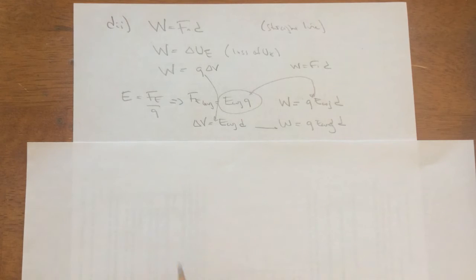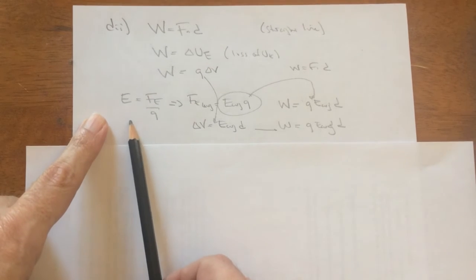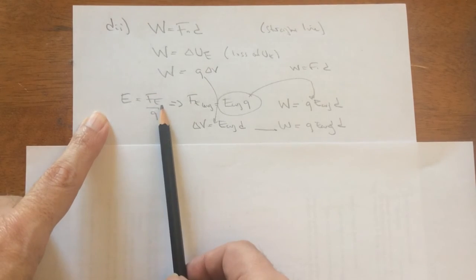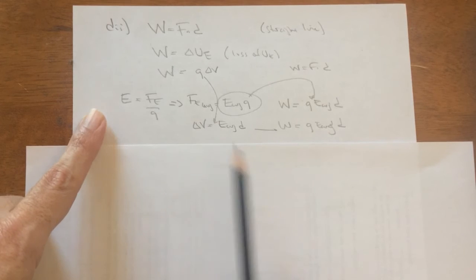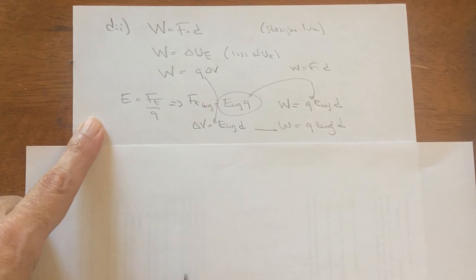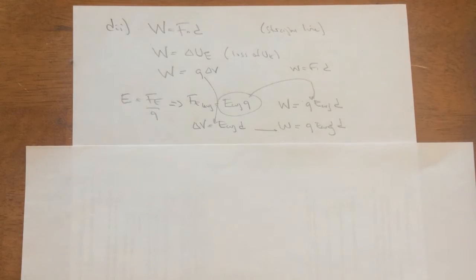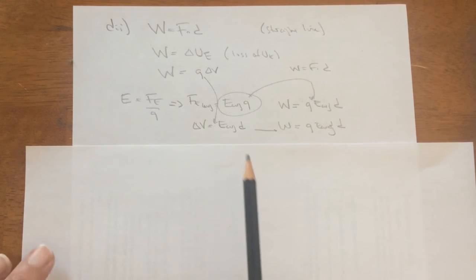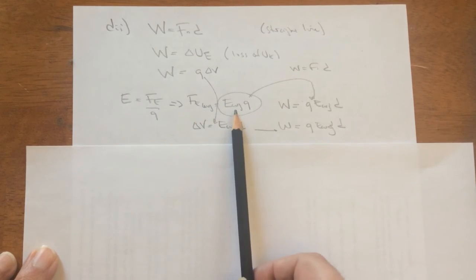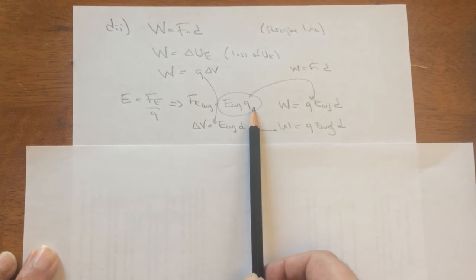You can attack this by electric field strength equals electric force over Q. Rearrange. Now when they say average, you can do this. I'm not going to call it a trick, but if they're going to call it average, you're going to call it average. It's okay. You're not going to have to add a bunch of stuff and divide a bunch of stuff. So force average equals electric field average times charge.